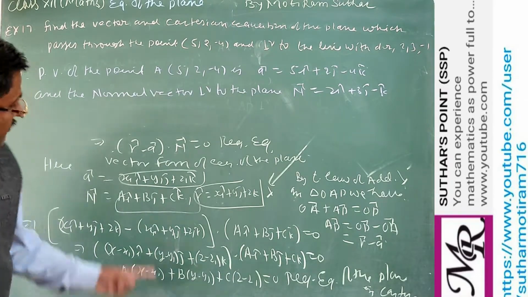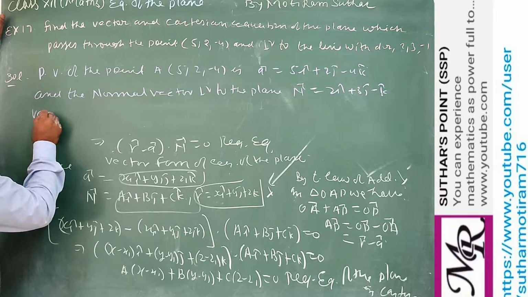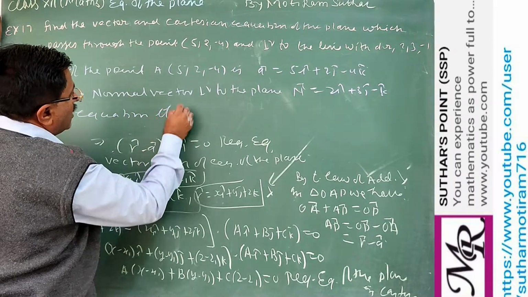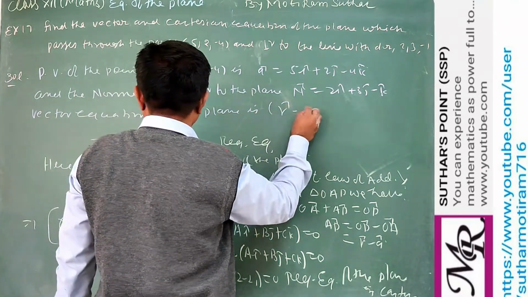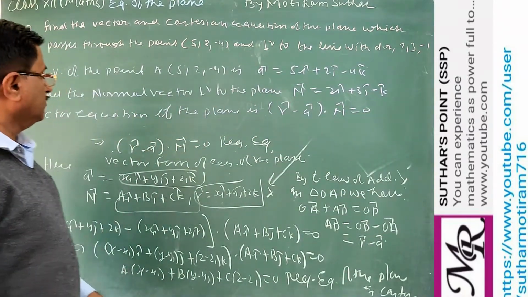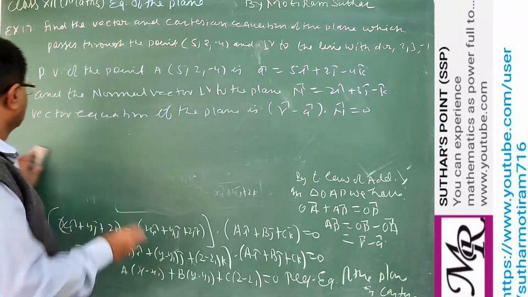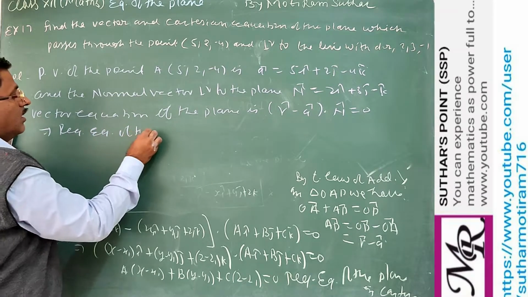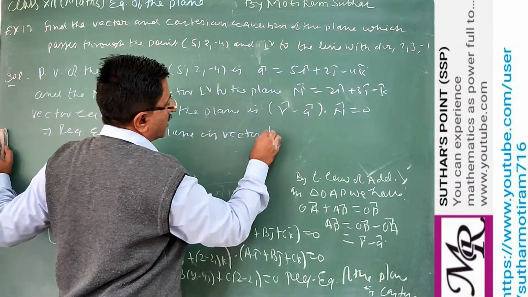So the vector equation of the plane is (r minus a) dot n equal to 0. Therefore the required equation of the plane in vector form is.